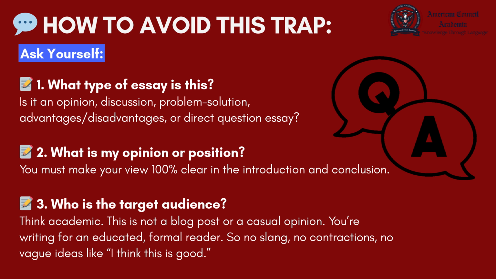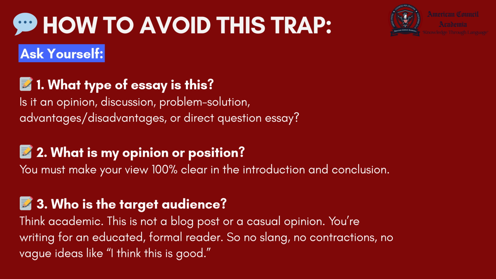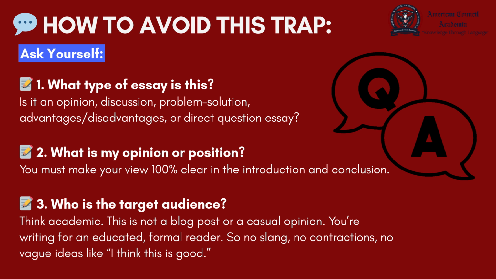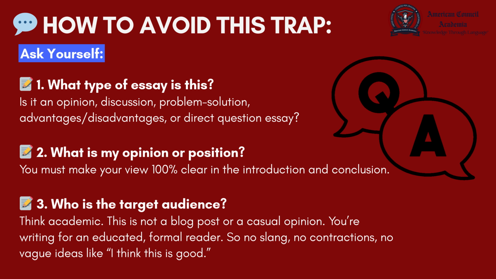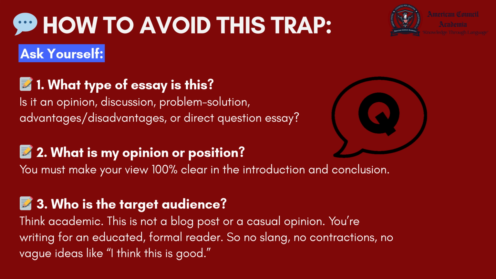Before you start writing, stop and ask yourself these 3 simple questions. Question 1. What type of essay is this? Is it an opinion, discussion, problem solution, advantages/disadvantages, or direct question essay? Question 2. What is my opinion or position?